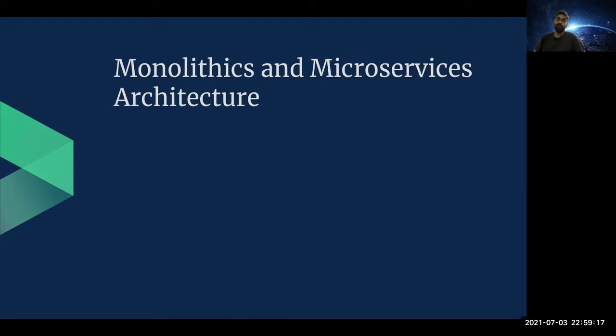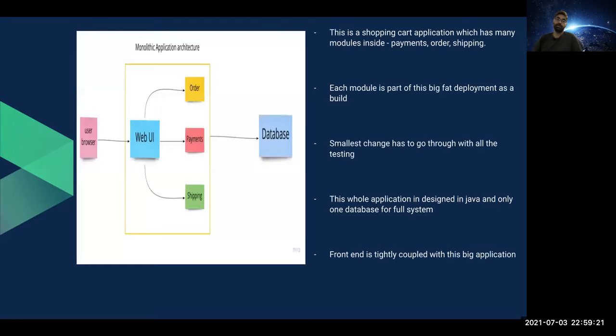Okay, so let's talk about monolithic and microservices architecture in detail. First we will talk about what exactly is monolithic application architecture. I am trying to give you a glimpse of how it works. In this diagram, you see one shopping cart application which has three different modules: order, payment, and shipping.